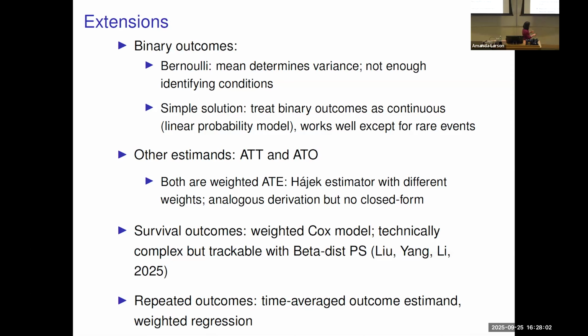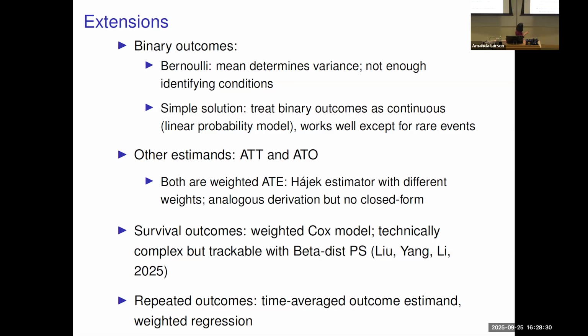because if you have a continuous outcome, everything's easy. It's just a time averaged outcome estimate. But I did that too. It's a weighted regression. And of course, for binary, you can just use a linear probability model and use the normal distribution to approximate that, because again, there's some technical difficulty.